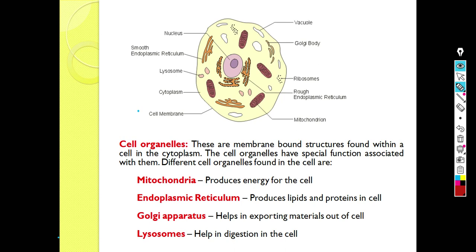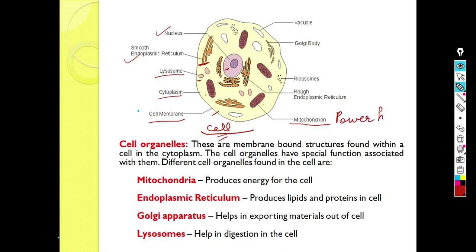So now you can see it is a much more detailed structure of a cell. Now in this structure, what is there? There is the nucleus at the center. Then a smooth endoplasmic reticulum, you will study later on. Lysosomes are there. Cytoplasm is there. Cell membrane, the outer membrane. Mitochondria is there, and this is the powerhouse of the cell.